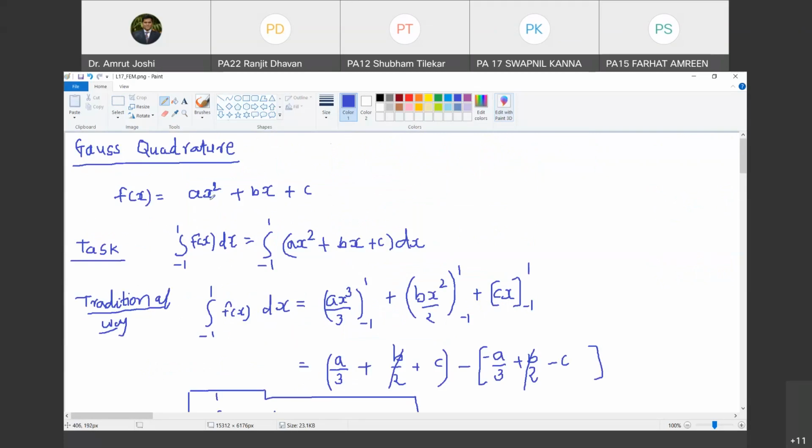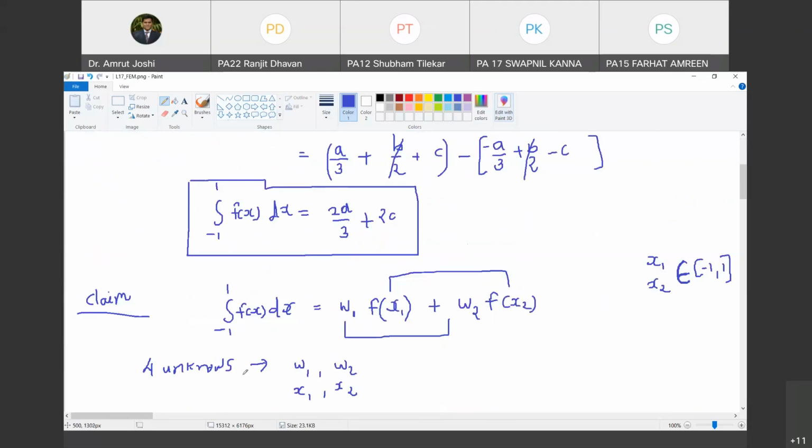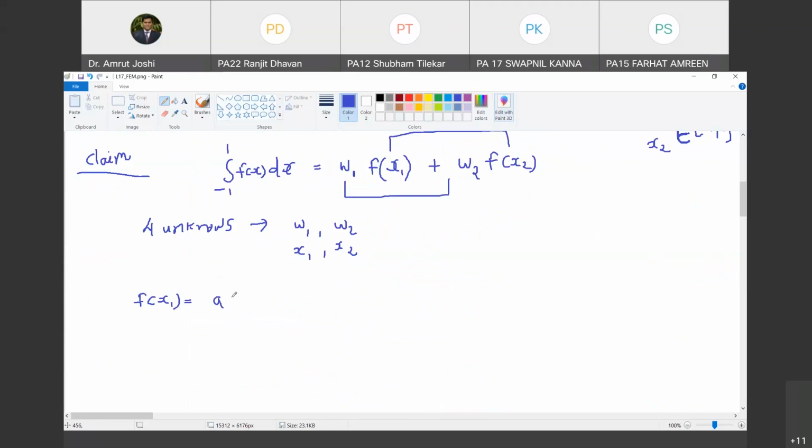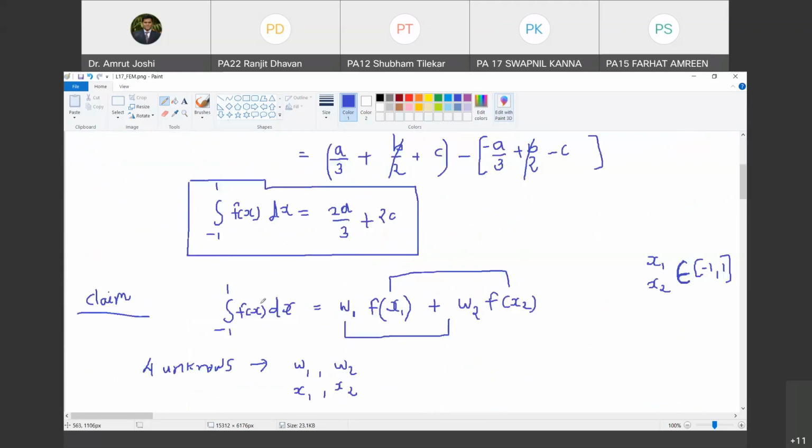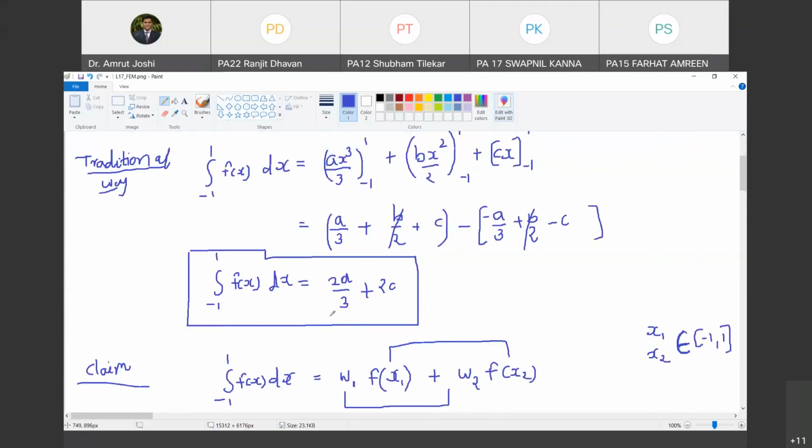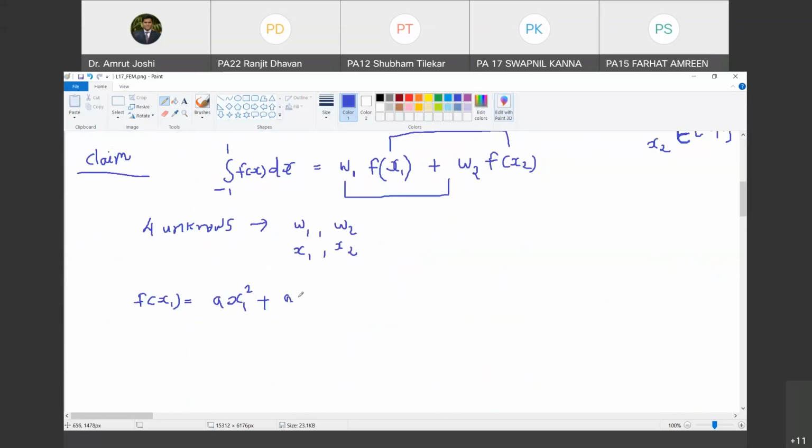Happy? So if I substitute that, I am going to get a x1 square plus b x1 plus c. Agreed? If I substitute x2 here, so what do I get?